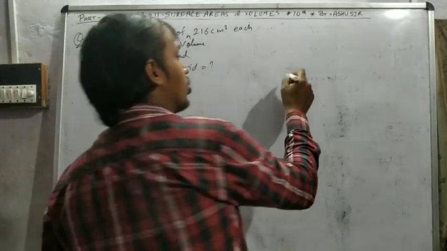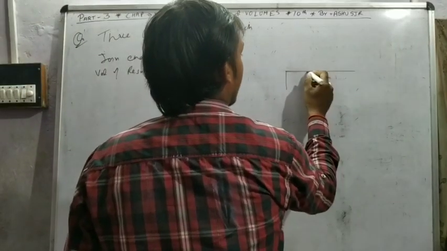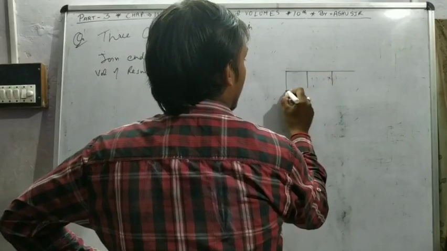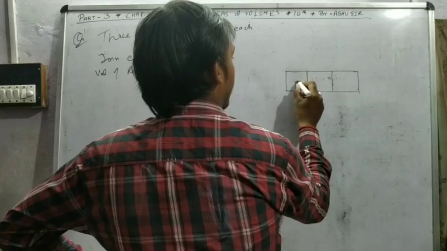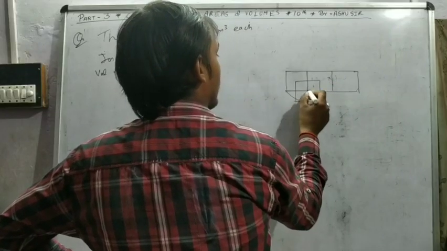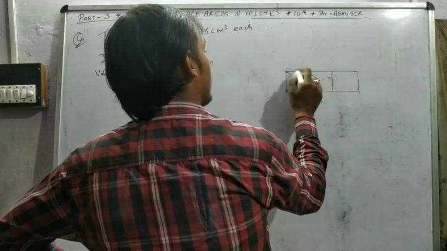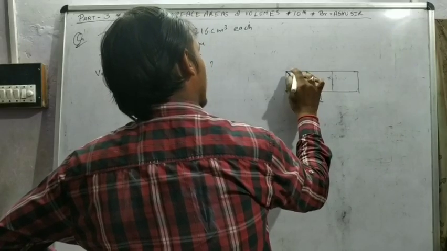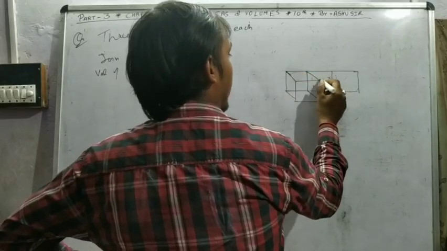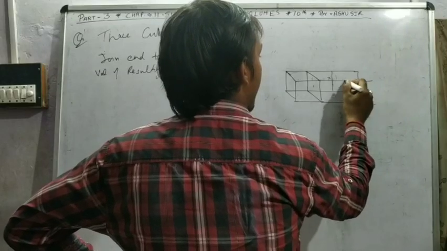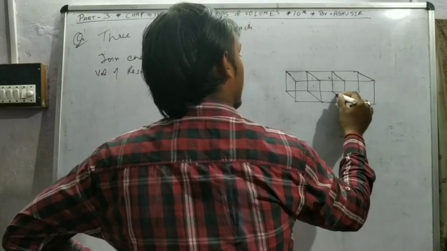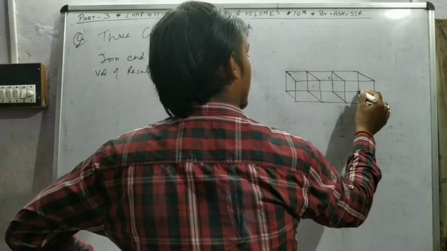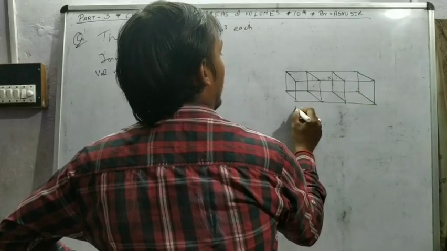If I say 3 cubes, this is the first cube, the same second cube, and the third cube.